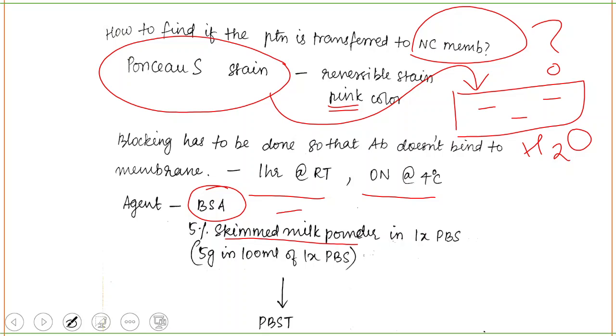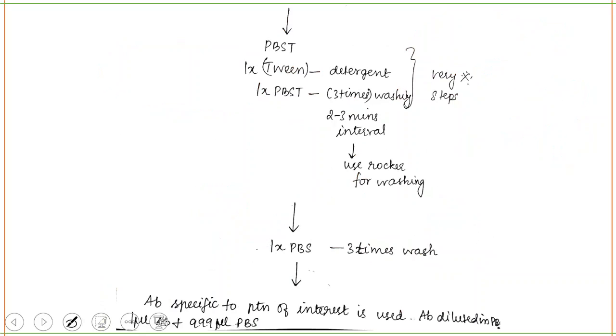After you incubate, you're going to wash it with PBS, which is nothing but a buffer, phosphate buffer saline. PBST means phosphate buffer saline and Tween. Tween is nothing but a detergent, so it will wash very well. So you will wash it with PBST, then you will wash it with PBS.